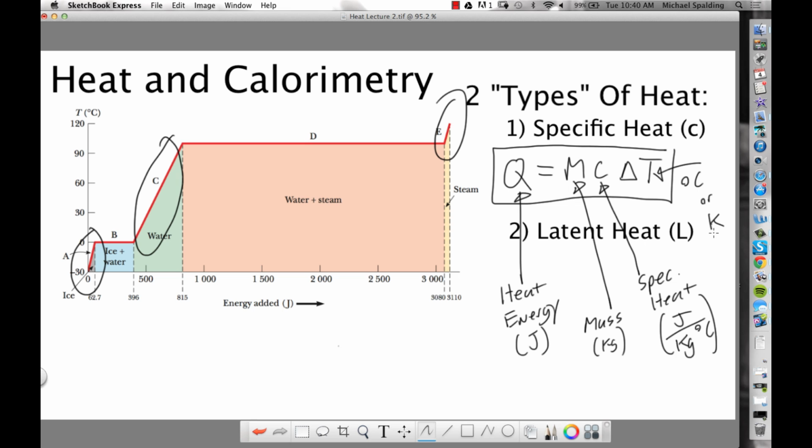In yesterday's lecture, when we did gas laws, if you're doing a gas law problem, you have to be in Kelvin. There's no choice. But why here does it not matter? Because we're talking about change of temperature.